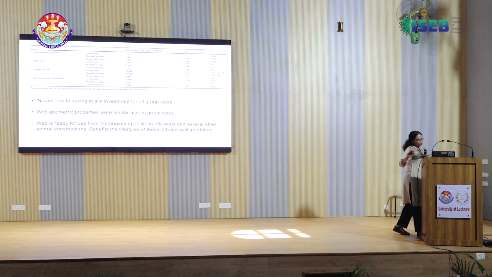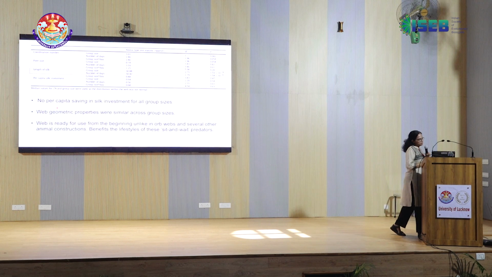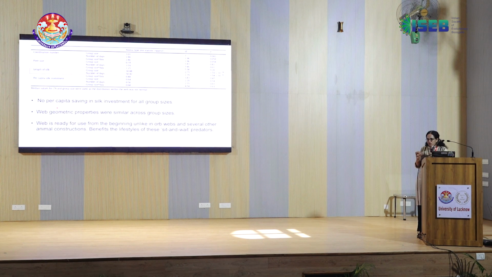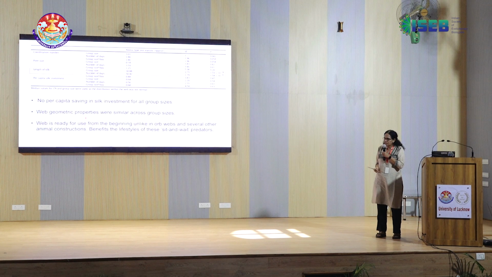So across group sizes, they tend to have similar investment in silk, but as I mentioned before, the caveat is that we don't know how much each individual spider was silking. So basically, this part of the work I will summarize by saying that we did not find per capita saving in silk investment.